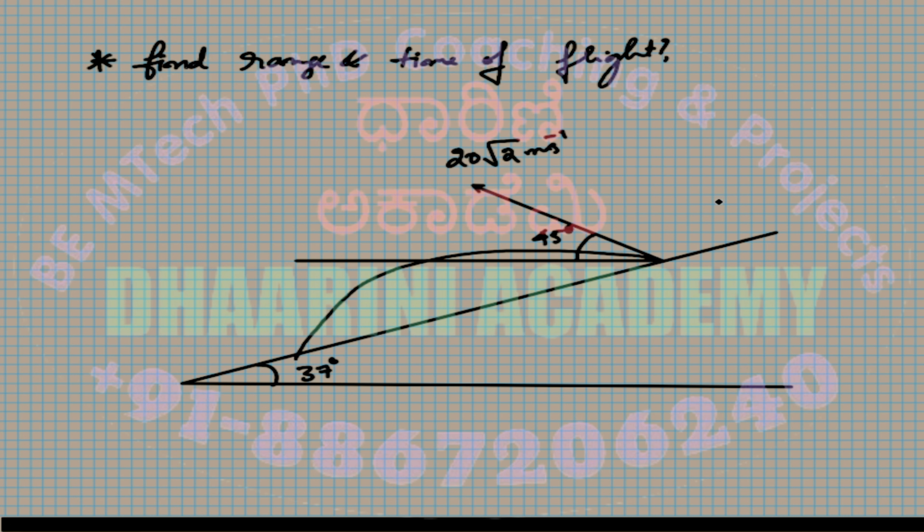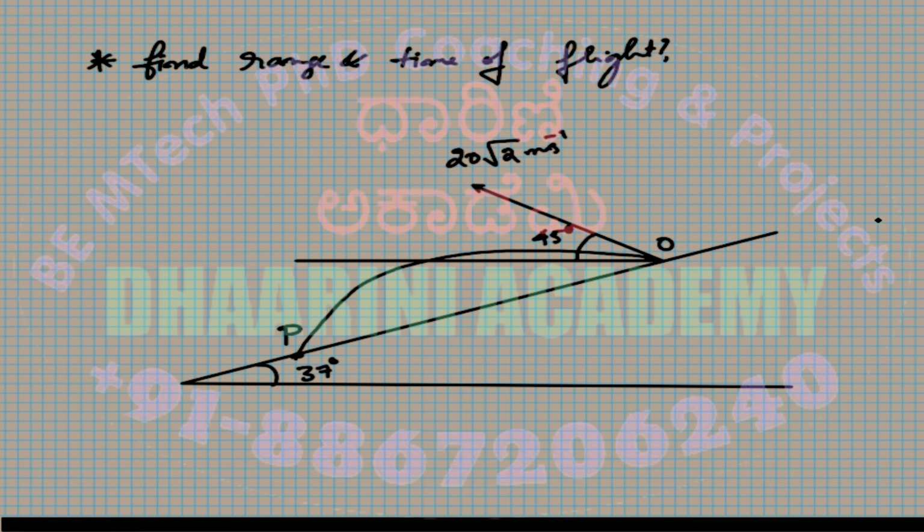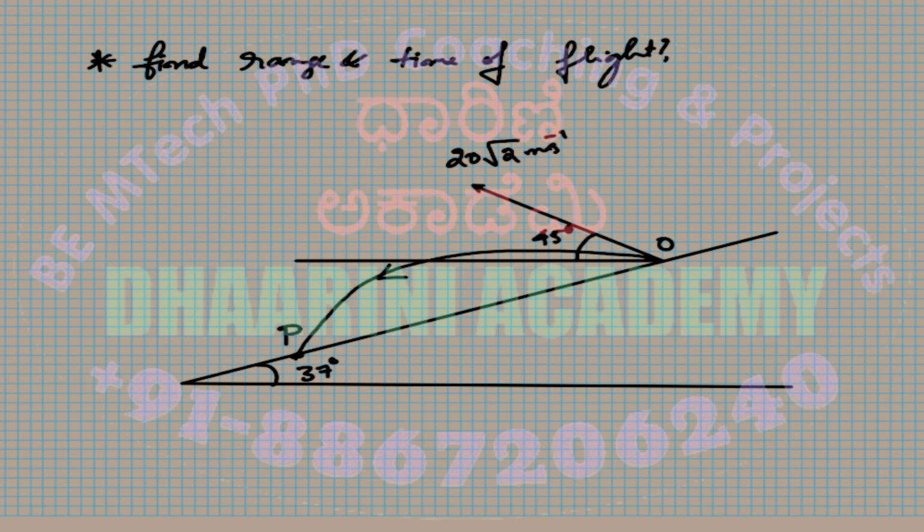Okay, so let us assume that this is O, and where it touches ground is P. All right, under this condition, our intention is now to calculate the time taken along this path OP and the distance OP along the line. Okay, so this is what is asked.